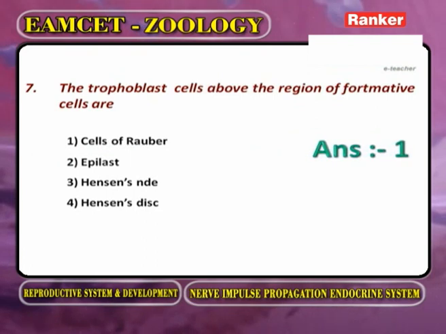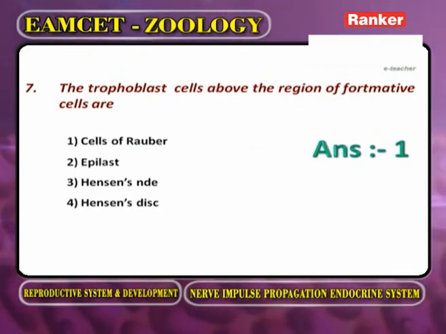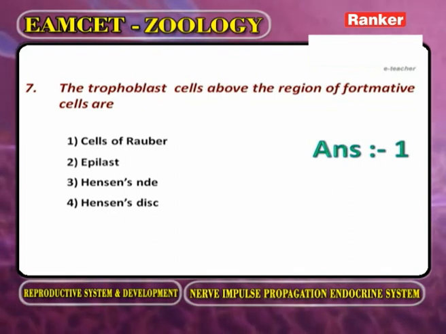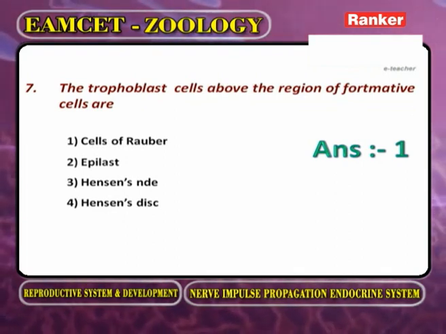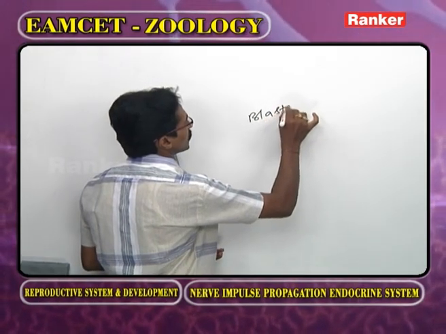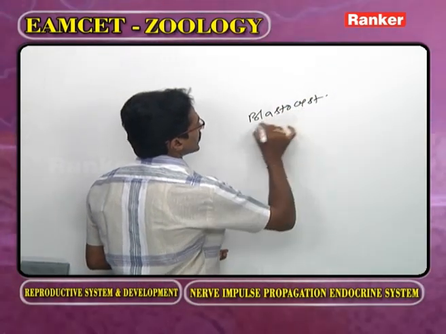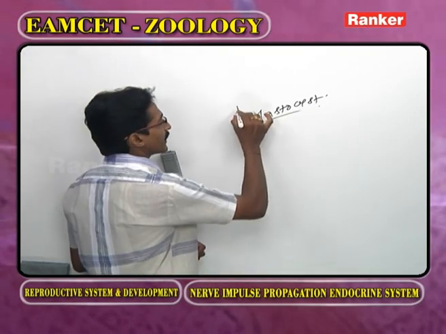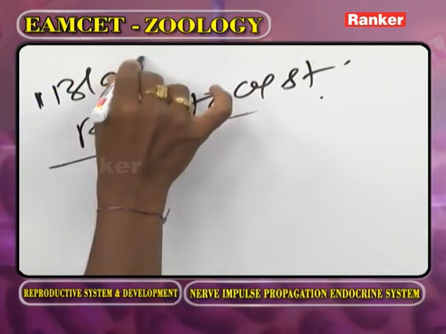The trophoblast cells above the region of formative cells. Now as we observe the development, we have to observe the blastocyst. In case of mammals, we use the word blastocyst. In remaining animals, we use the word blastula.